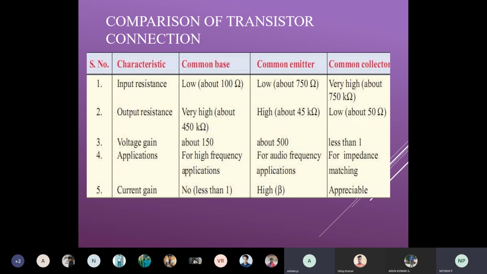Adding impurity is nothing but, see, in a normal semiconductor the number of free electrons is very low, one or two will be there. Free electrons represent conductivity. More free electrons, more conductivity. So a conductor like a metal has a large number of free electrons and conducts very efficiently.